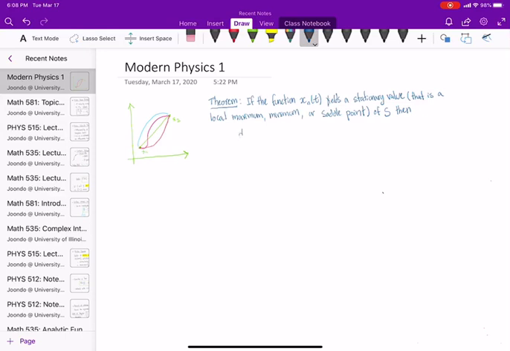The derivative with respect to time t of the partial derivative of the Lagrangian with respect to x dot is equal to the partial derivative of the Lagrangian with respect to x.